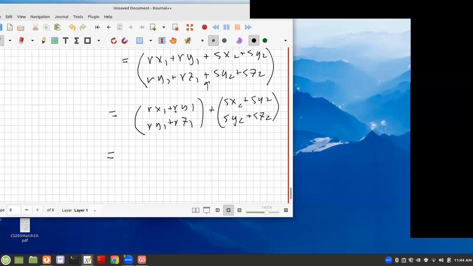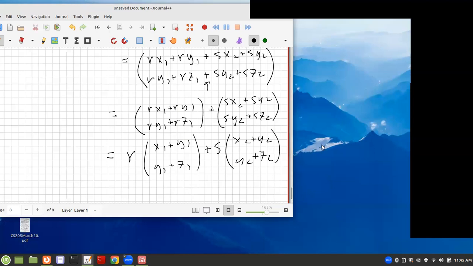Now you can see that I can factor by the distributive property of arithmetic. I could factor the r out here, and then the r would be able to be factored out of the vector. So I'm going to be able to get r times x1 plus y1 plus z1, and do the same over here, factor out the s, and I get x2 plus y2 plus z2.